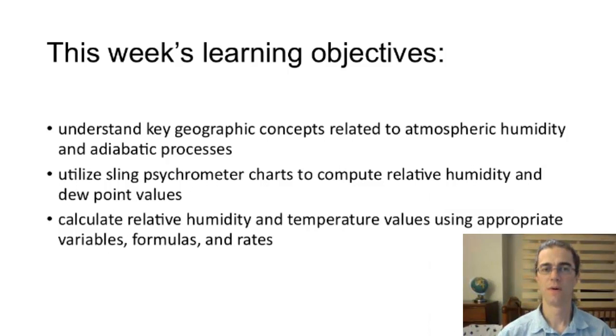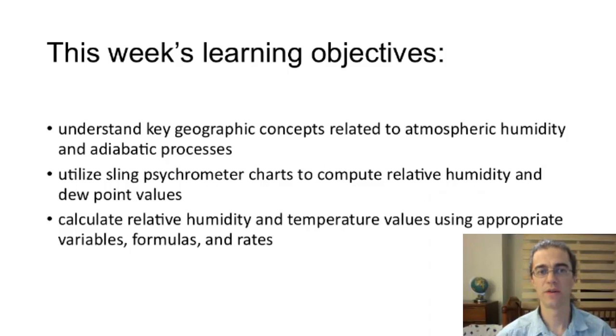I know adiabatic might stand out as a big word for us now, but we'll dive into that later and get to understand it and see how it relates back to some of the other processes that you've been studying about in physical geography. Second, we want to utilize the sling psychrometer readings to compute relative humidity and dew point values.